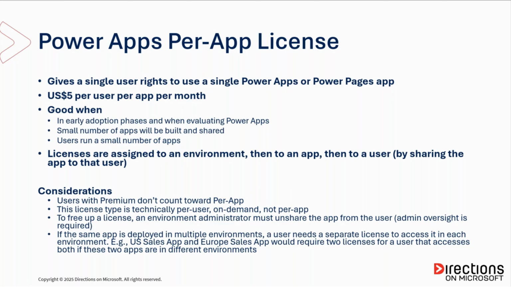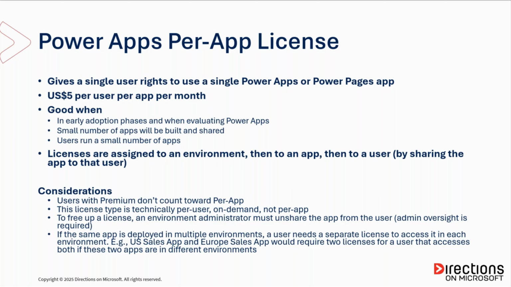Also, a per app license is more accurately a per user license because it allows a single user to run a single app. You're not licensing the app for everyone to use. You're licensing a particular app for one particular user. Also, freeing up a per app license for reassignment requires some admin action. It's not something an end user can do.